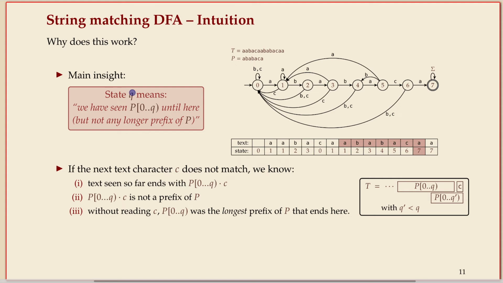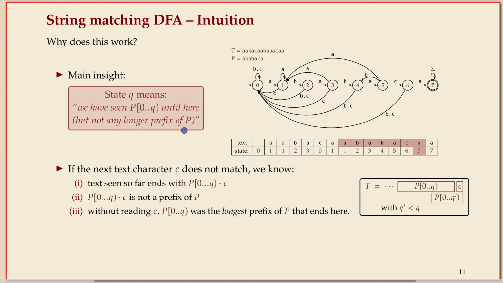It expresses what a given state tells us about the text. If we're currently in state Q, that means the text ends with a prefix of the pattern, namely up to the Qth position, but excluding that one. And also there's no longer prefix of the pattern that we have seen up to this point.